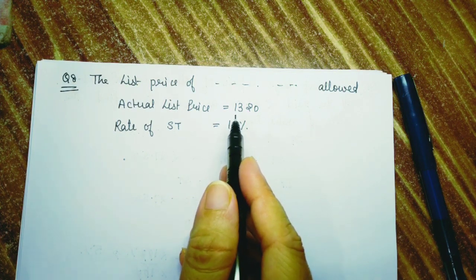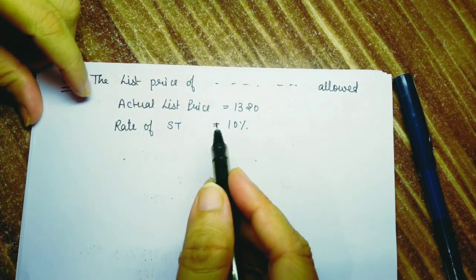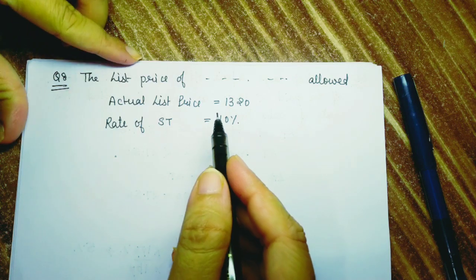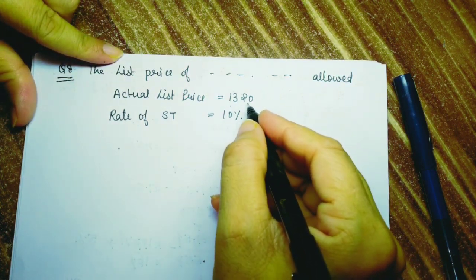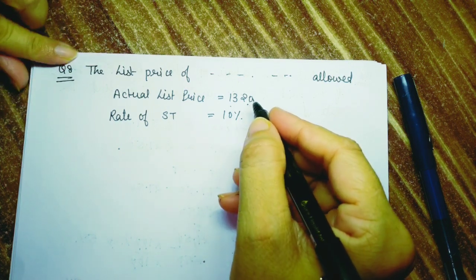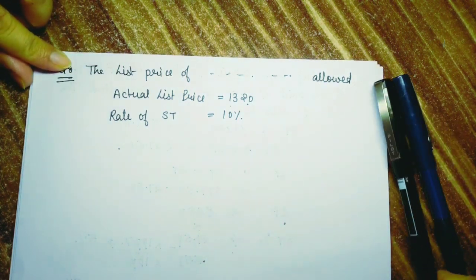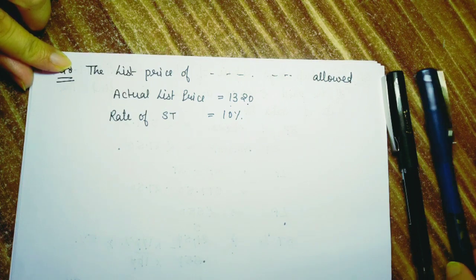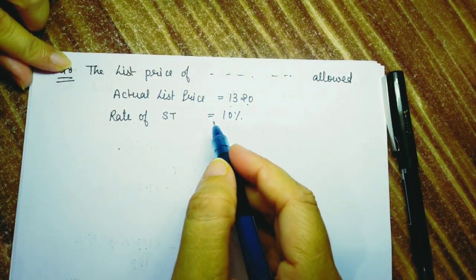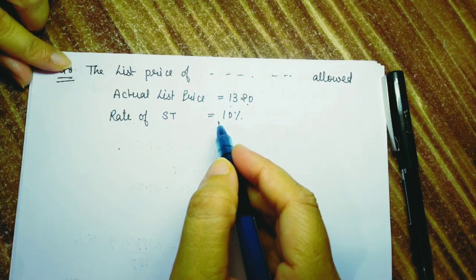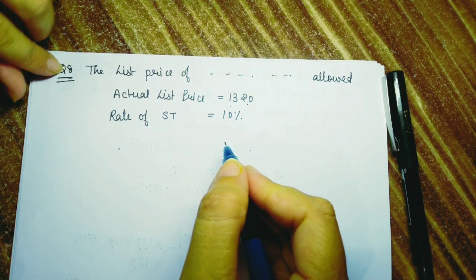Find the discount allowed. So in this question, the customer requests the shopkeeper that he wants to pay this amount only after adding the sale tax. So students, here we have to first find the reduced list price, and then the amount of discount allowed by the shopkeeper.